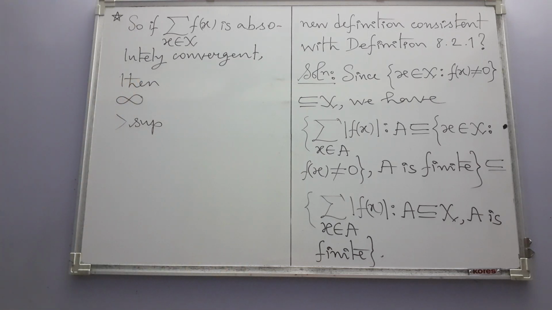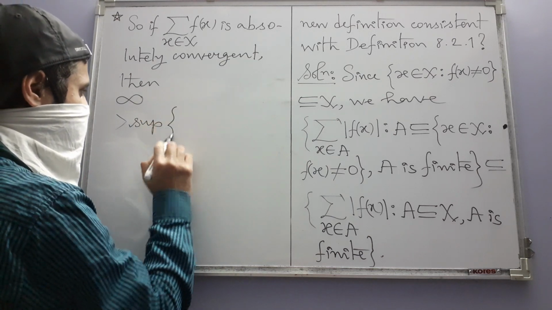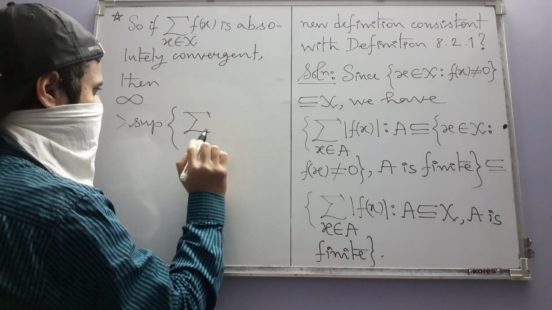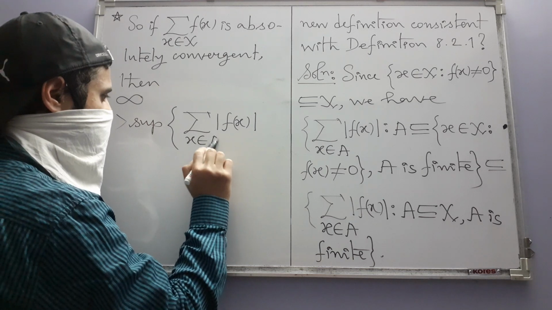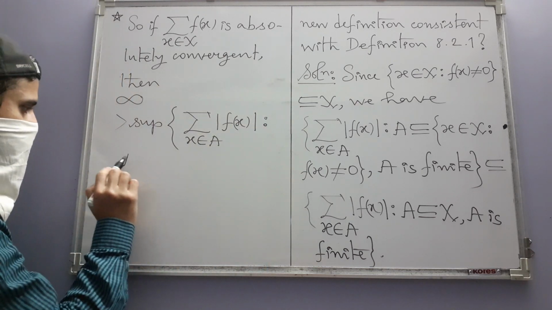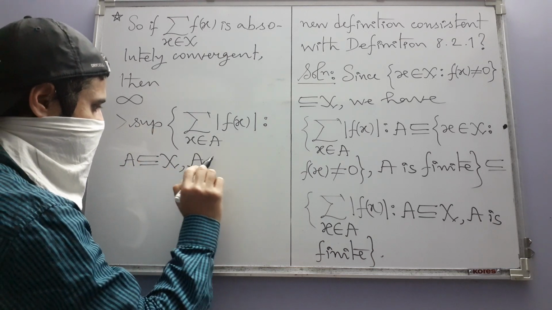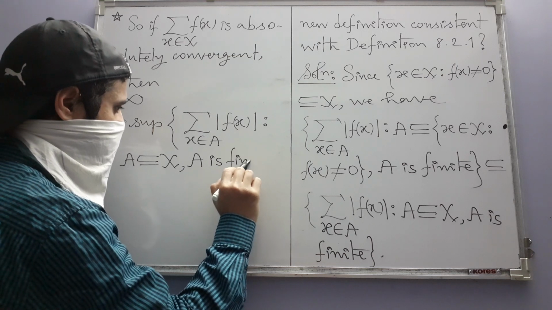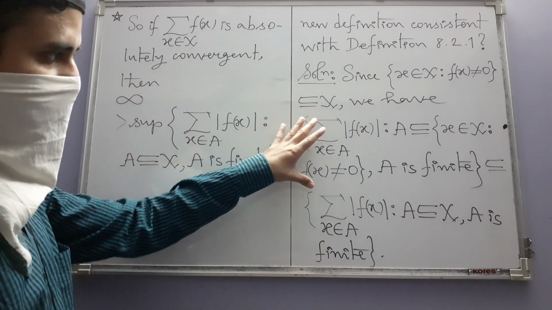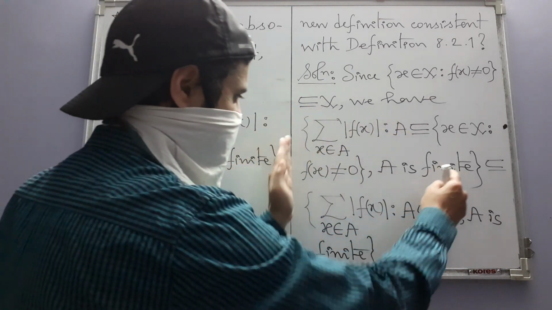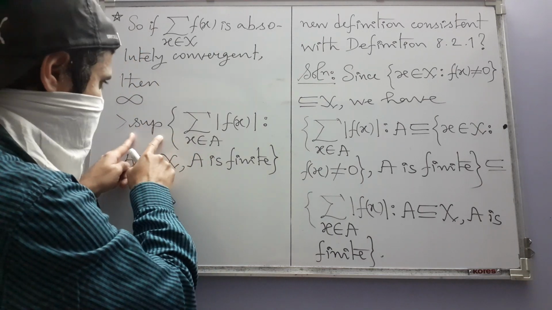That is the supremum of this set. A is finite. Now look at the fact that this set is a subset of this set. And supremum means what?